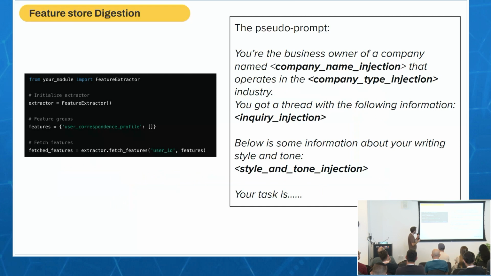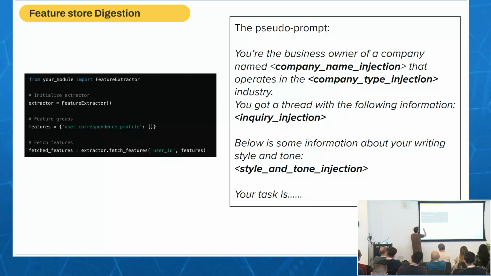And then let's go back to the data science microservice. When we want to access the feature store, we can just import the feature store module, which we developed and maintain internally. We have some functionality there to read the feature store. We can choose which feature group. A feature group, in our case, is the user correspondence. We can have feature groups for different use cases. Our use case is the user correspondence.